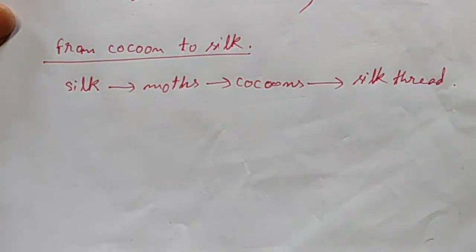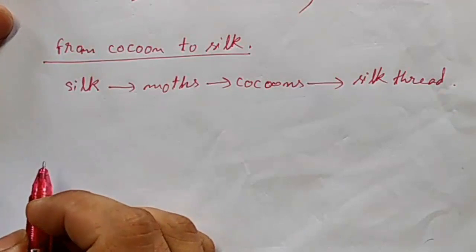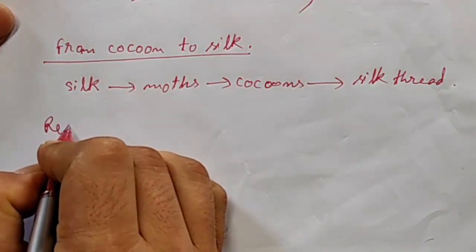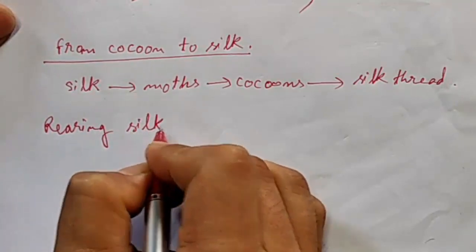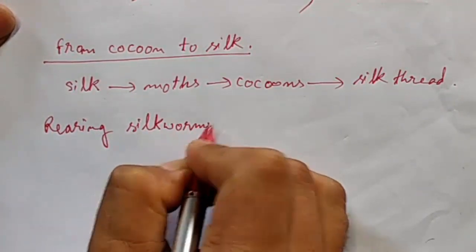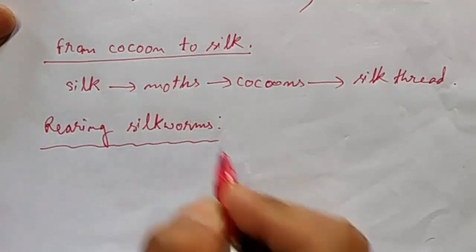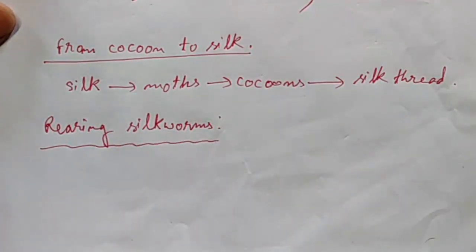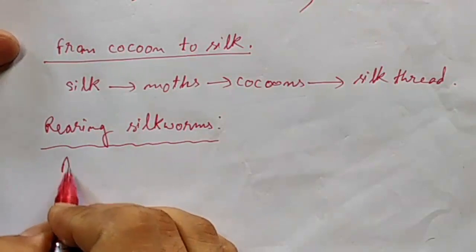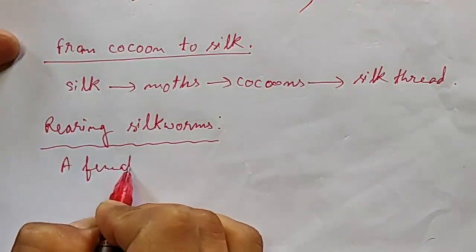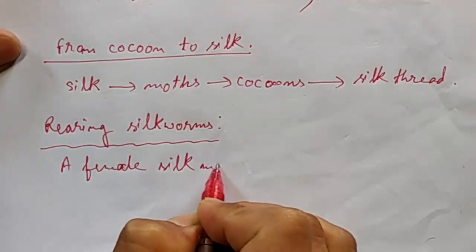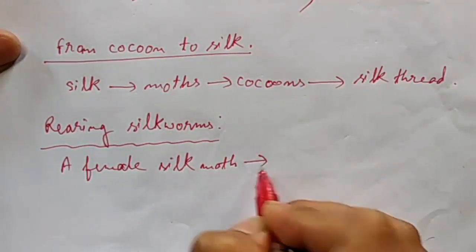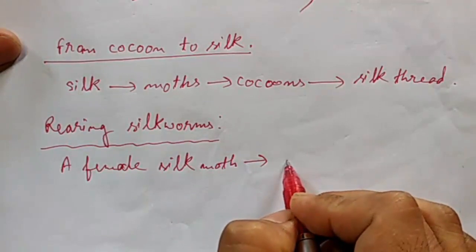So in order to get the silk, the first step is rearing silkworms. A female silk moth lays hundreds of eggs at a time.